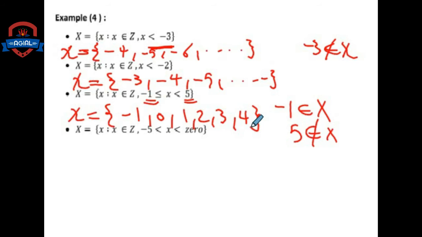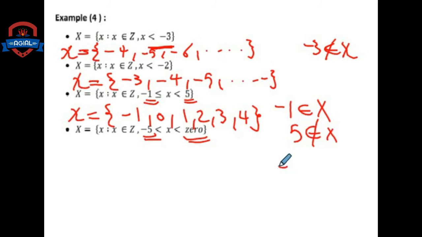Number 4, the set X equals X for X belong to Z, and X is less than 0 and more than negative 5. So the set X is all the elements that are between negative 5 and 0.